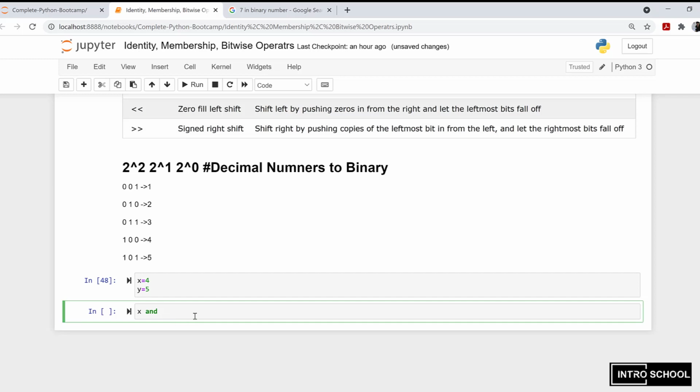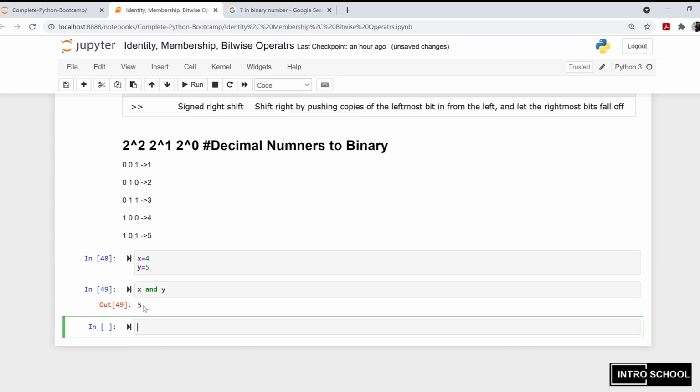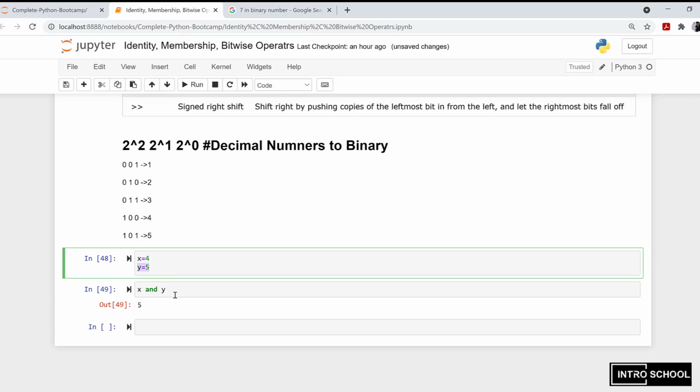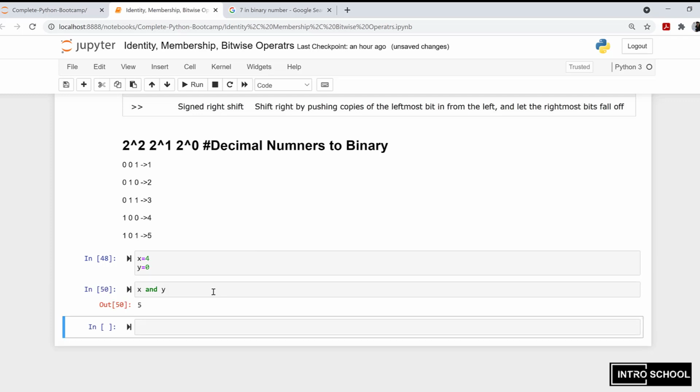So this is my logical and, and now I get as my answer 5, because it is comparing 4 and 5, both are above 1, so it is true and true, which gives me true. If I assign any value to y as 0, my answer will become 0, because it is true and false, which is always false, so 0.